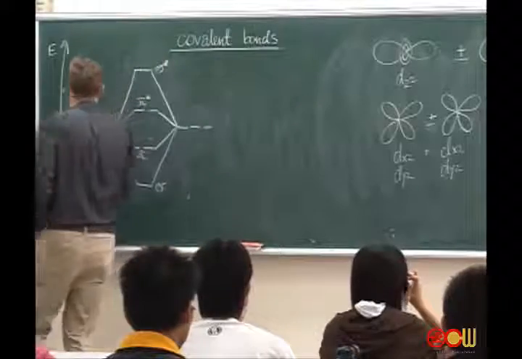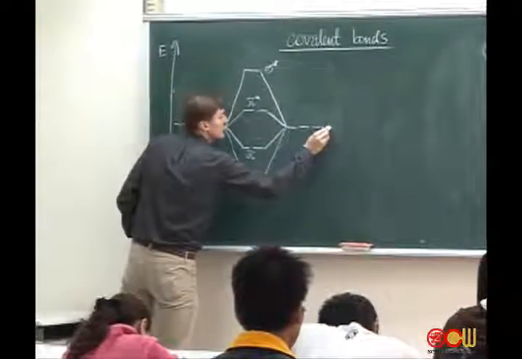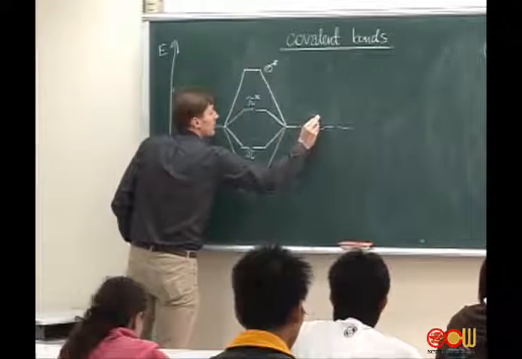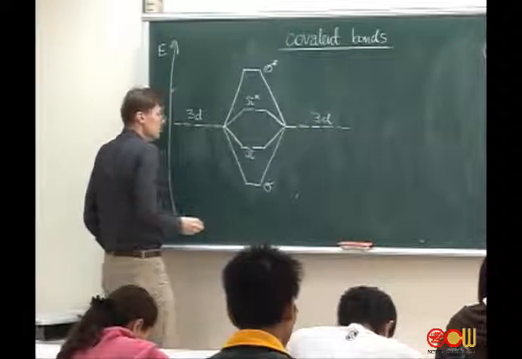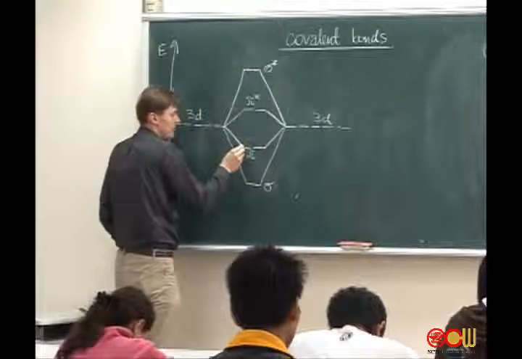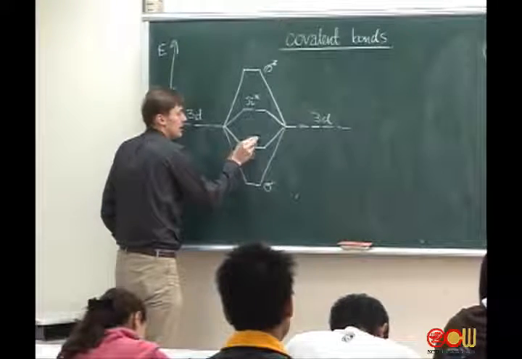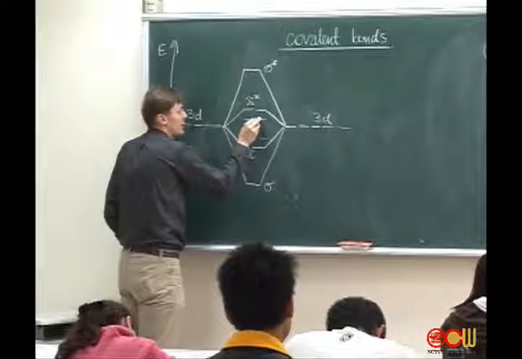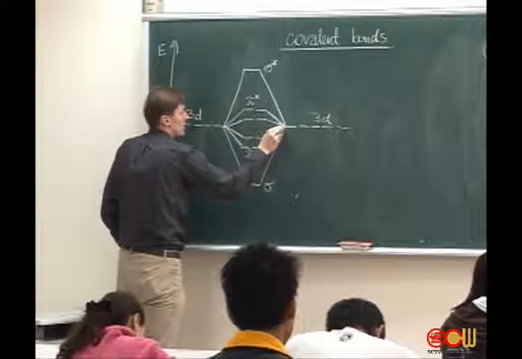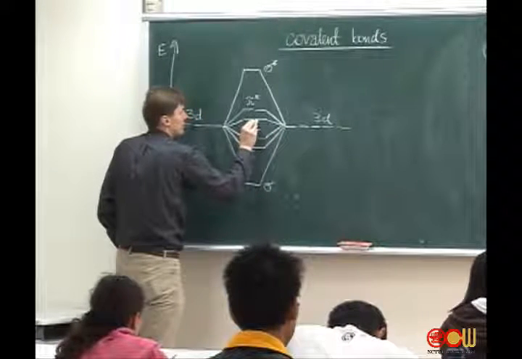So I have the d orbitals. There are 5 of them, and I need at least 3 d orbitals for hydrogen. And I know that dz squared gives me sigma, dxz, dyz gives me pi, and the delta ones will be given by the dx squared minus y squared and dxy. This is the delta, and this is the delta antibonding.